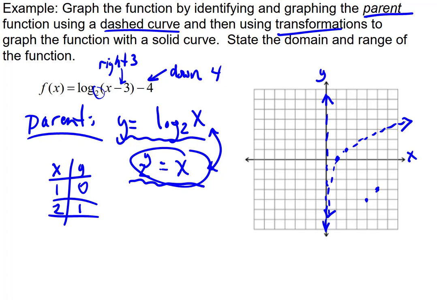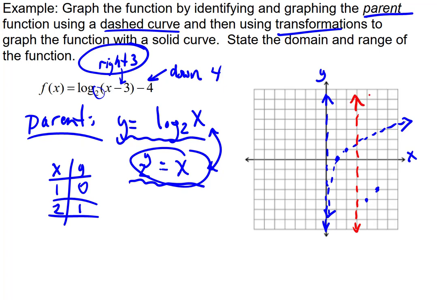Now don't forget that with a log graph, as we've already stated, we have a vertical asymptote, and as we mentioned in our notes, when you move right or left, you can actually see the vertical asymptote moving. So if we went right 3, we're going to have a new asymptote that's moved 3 units to the right. We'll now put this final vertical asymptote in a solid red, or a dashed red line, vertically.